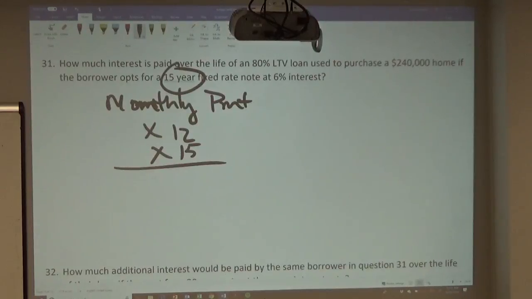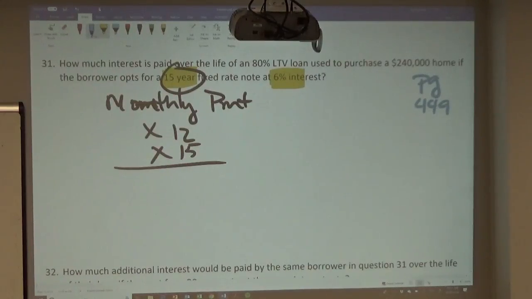Well, they didn't give us the monthly payment this time. What they did do is tell us it's 15 years and 6% interest. And we can calculate the payment from that. We can look it up. We can go to page 449 in the textbook.